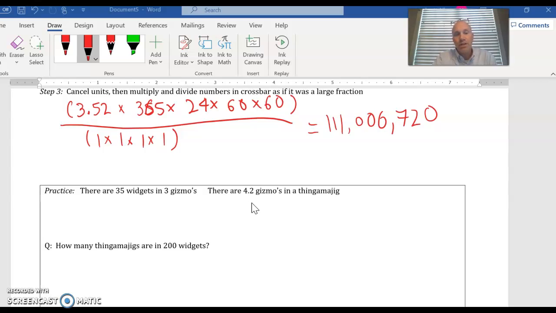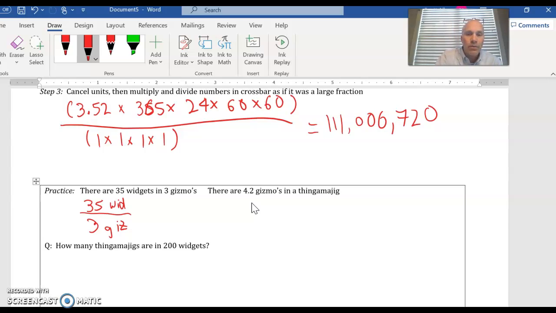Let's pretend that there are 35 widgets in 3 gizmos, and there are 4.2 gizmos in a thingamajig. So I could write these two relationships: 35 widgets per 3 gizmos, and it's fine to abbreviate your units here.